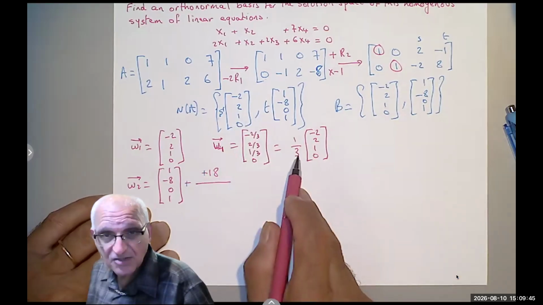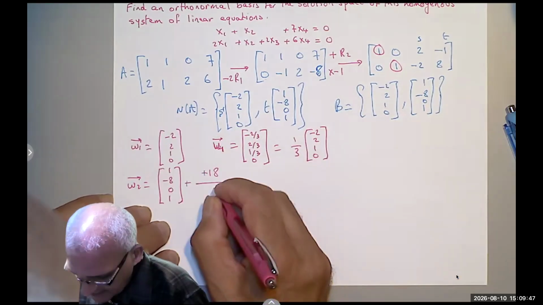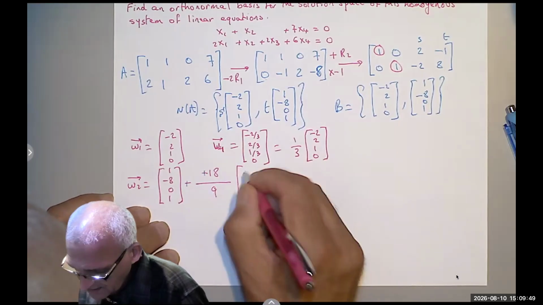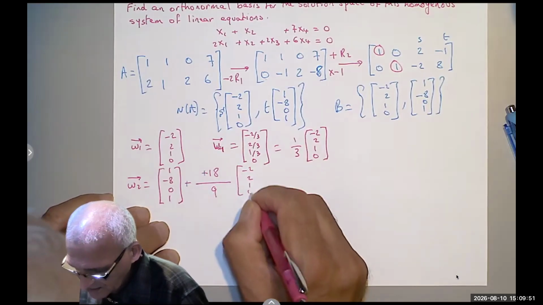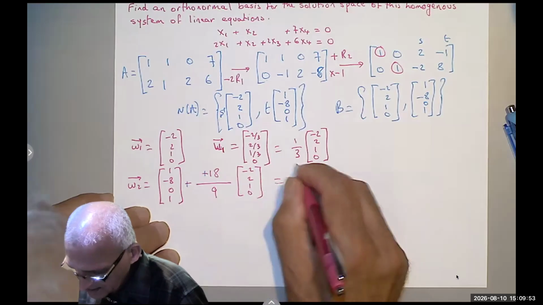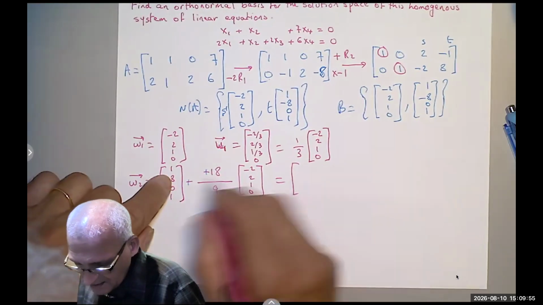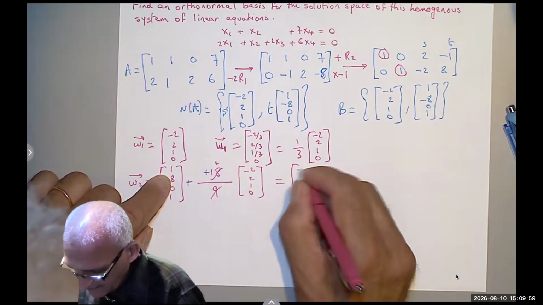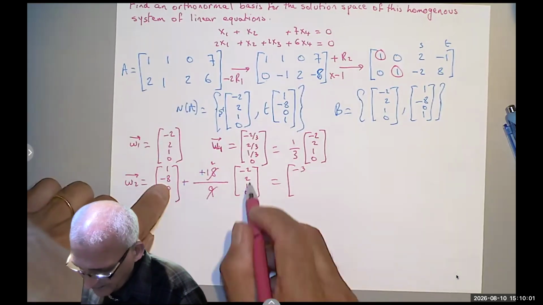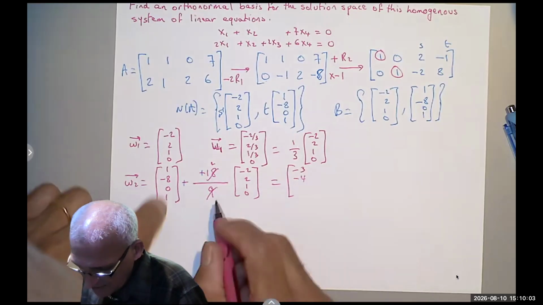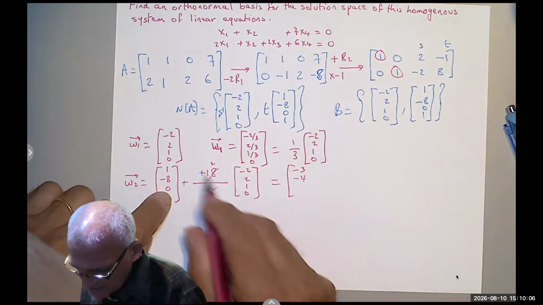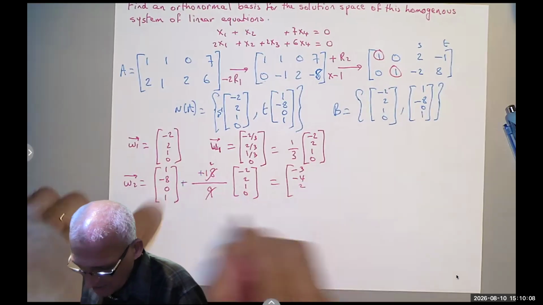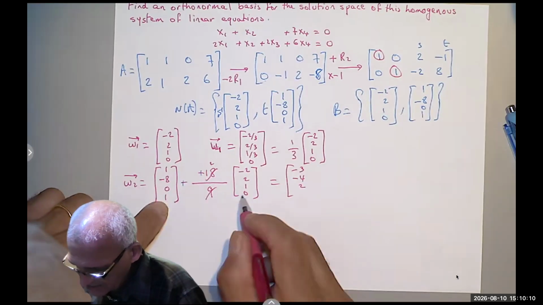We know that the magnitude is 3, so that's the square, times -2, 2, 1, 0 equals, so this is 2, 1 minus 4 is -3, -8 plus 4 is -4, 0 plus 2 is 2, and 1 plus 0 is 1.